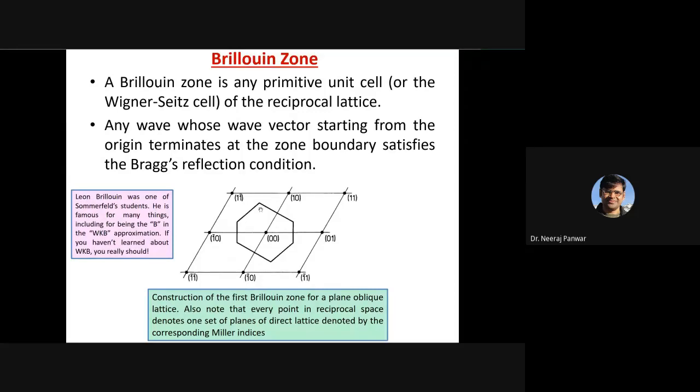That is one thing we proved. Then, any reciprocal lattice vector is inversely proportional to the interplanar spacing of the corresponding set of planes. The third is that the volume of a reciprocal unit cell is inversely proportional to the volume of the direct unit cell. These are a few properties related to the reciprocal lattice that we discussed in the previous class.